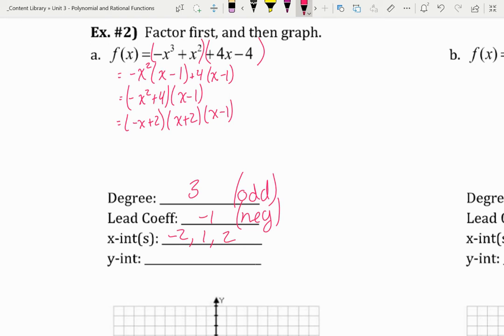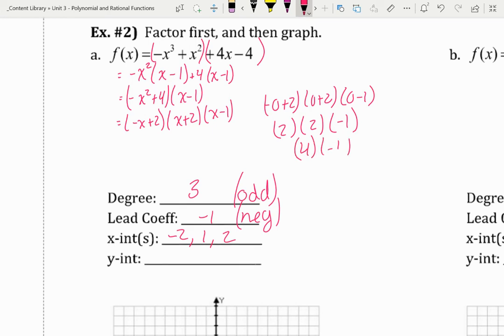And that's if I, again, plug in zeros. So it'd be -0 plus 2 times 0 plus 2 times 0 minus 1. 2 times 2 times -1. 4 times -1. This will give me -4.